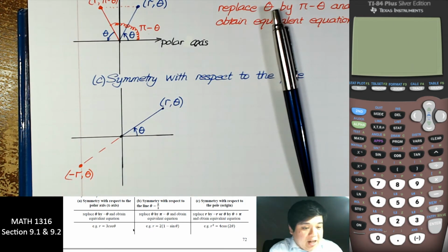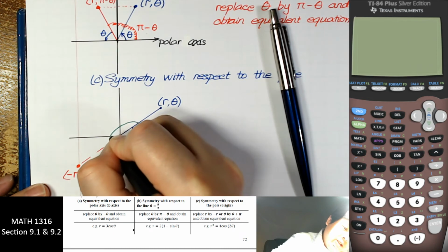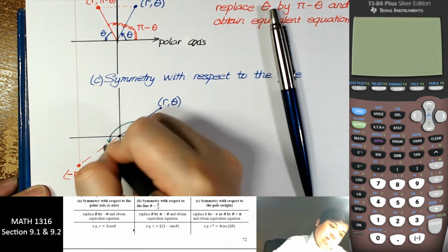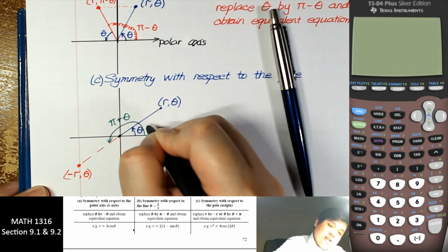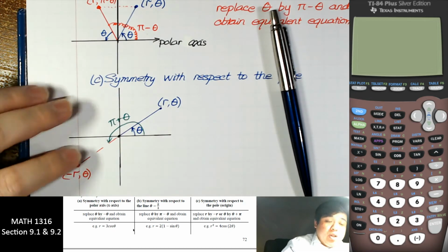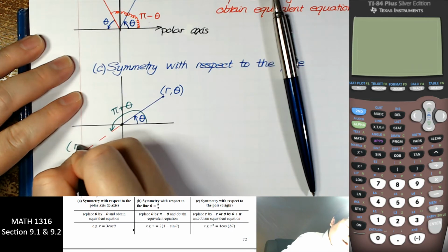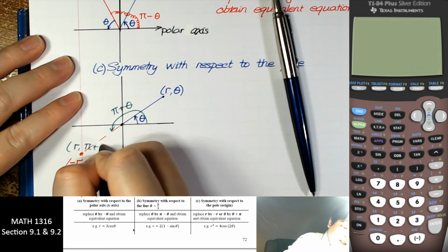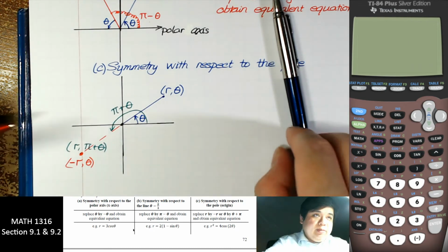Or if we don't want to do that, let's go this angle, and that angle is pi plus theta, and then we go with r. So there are two representations for the same point: either negative r and theta, or r and pi plus theta.